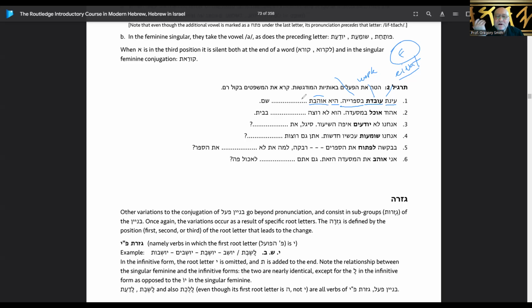Okay, I get what's going on here. We've got to put the to work there. So probably I need my pa'alim now. So it's going to be avad.